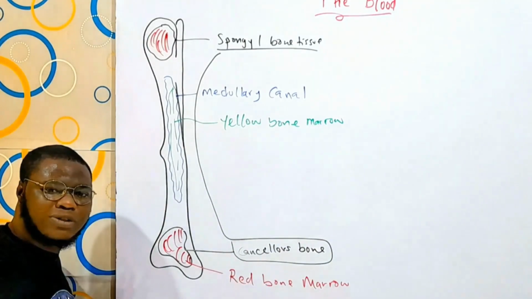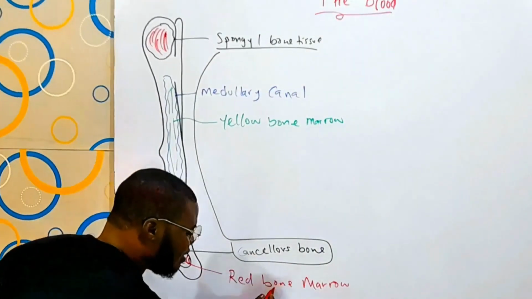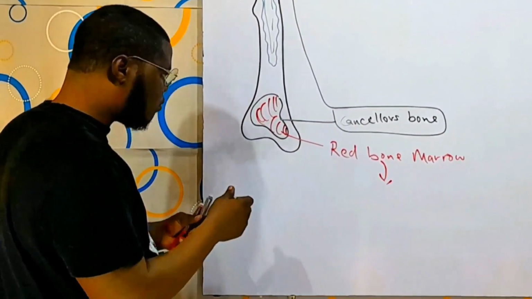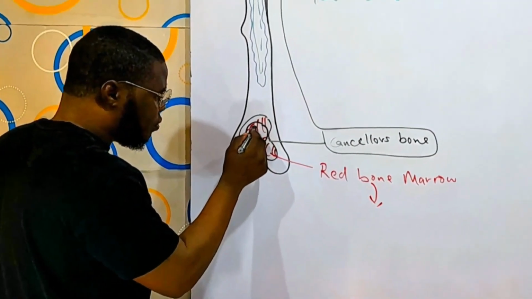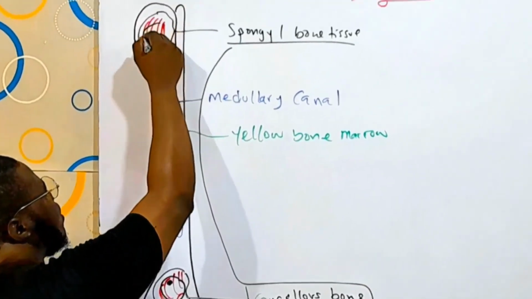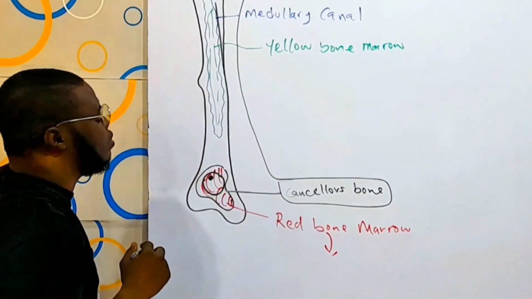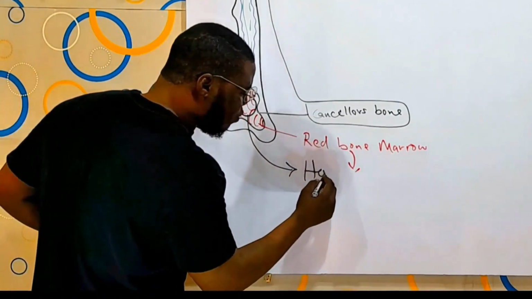This red bone marrow has a cell inside it. This cell is called the hemocytoblast.